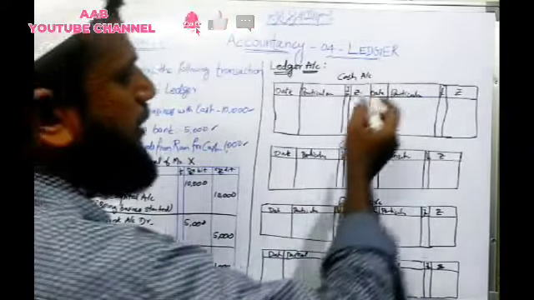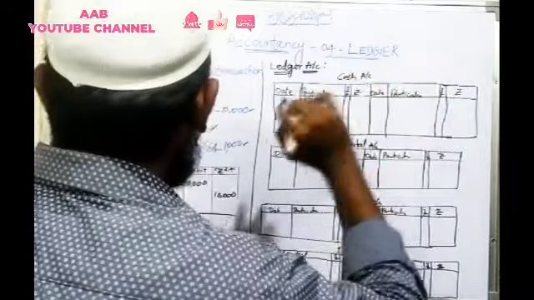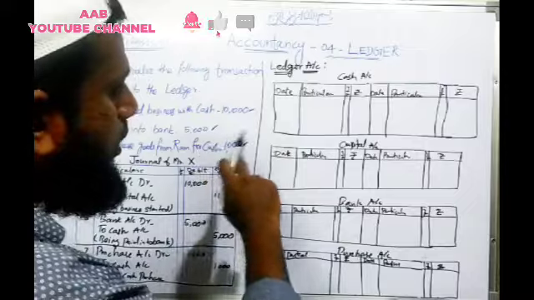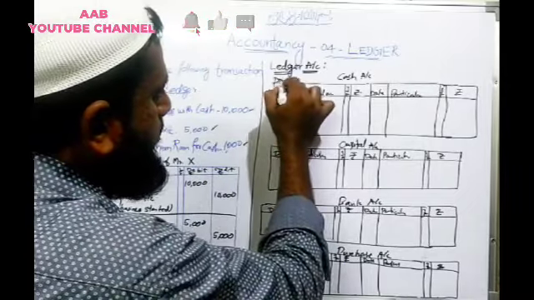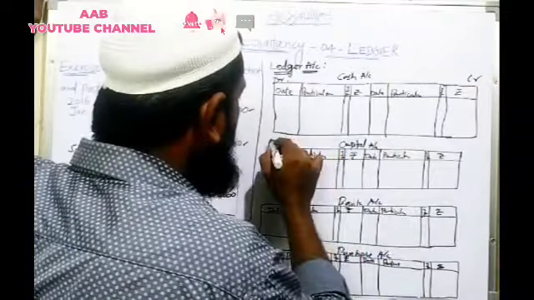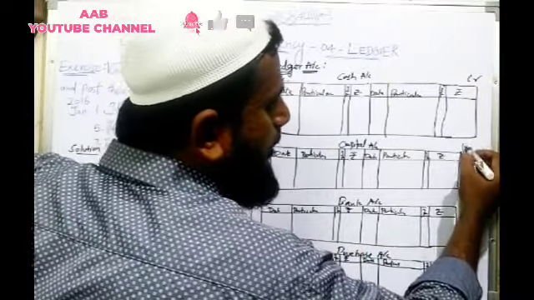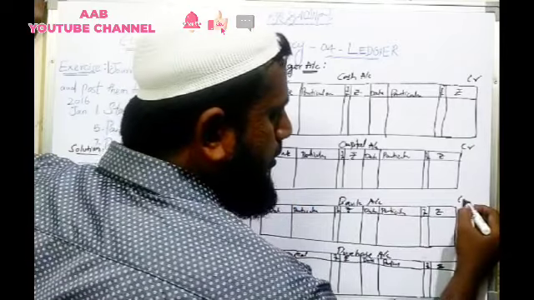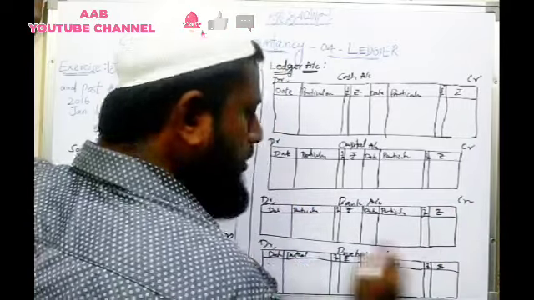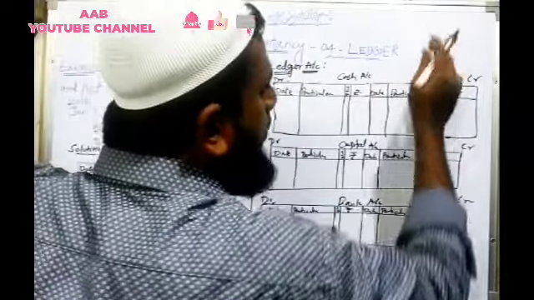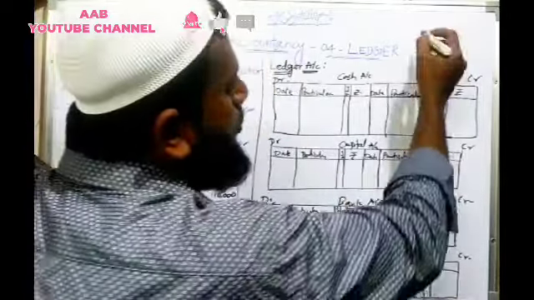First of all, the cash account. This is the debtor column, the debit side, and this is the credit side. Debit, debtor and creditor.